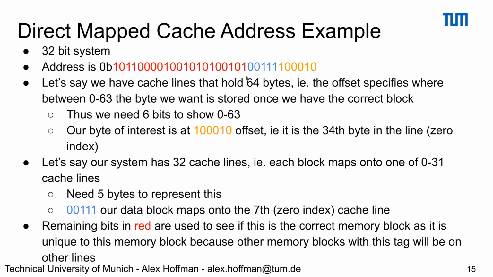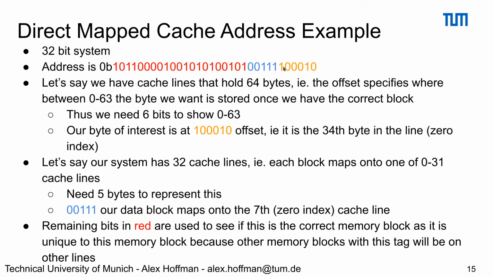Then we get to the tag, sorry, not the tag, the index. The index is how many cache lines our system has. So this was an exam question, and I said, hey, we have a system with 32 cache lines and 64 byte memory blocks.